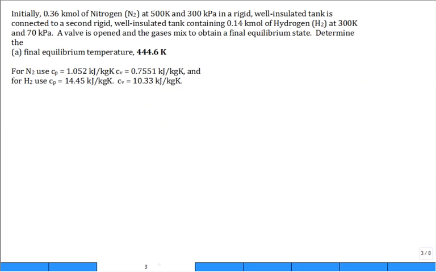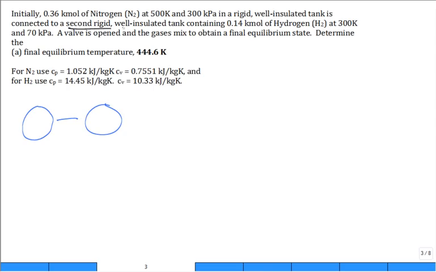Okay. Let's solve a problem. So initially we have 0.36 kilomoles of nitrogen at 500 Kelvin and 300 kilopascal in a rigid, well-insulated tank that is connected to a second tank. All right, so I start making an illustration. I have two tanks. Hey, we've solved problems like this before.